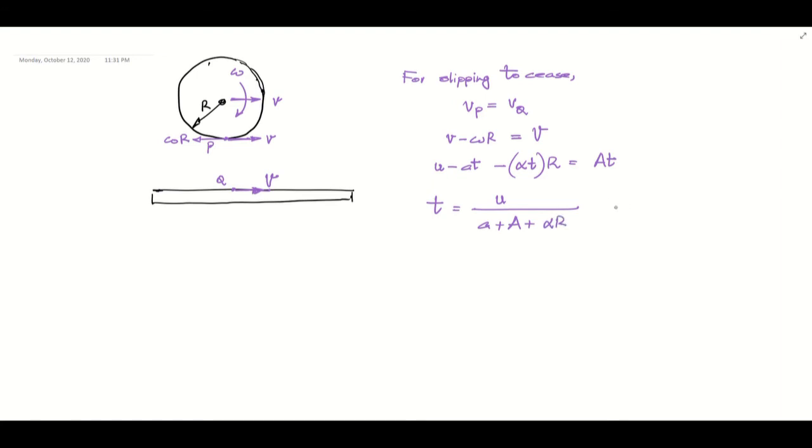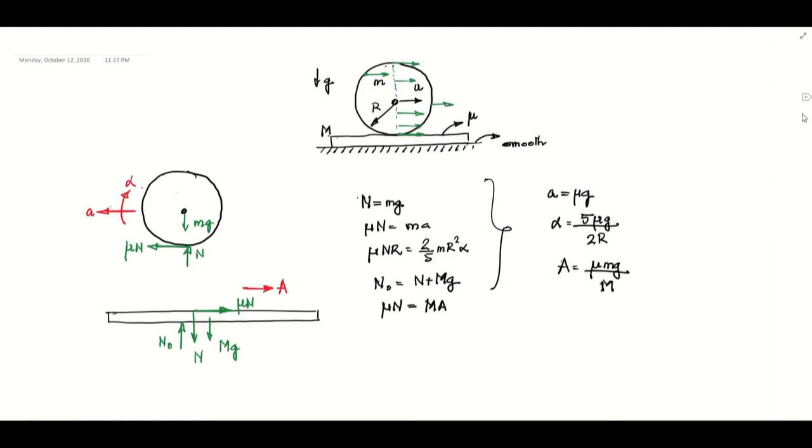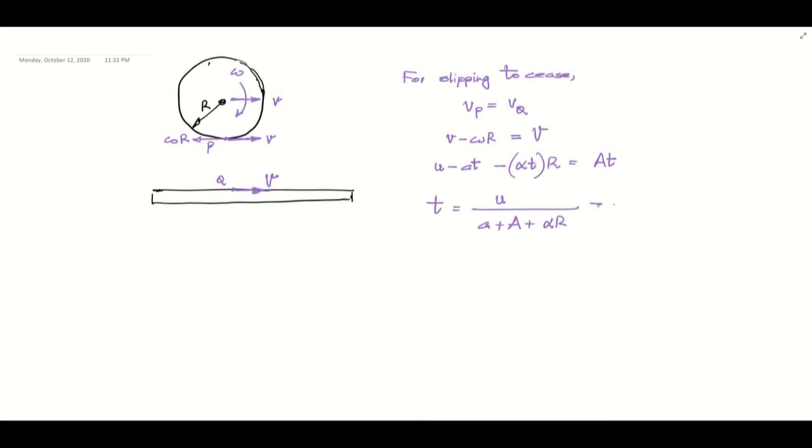Now remember we had these three relations. Now we can substitute them back into small a, capital A and alpha r, and this gives us u divided by mu g plus capital A is mu small mg by capital M plus alpha r will be 5 mu g by 2.